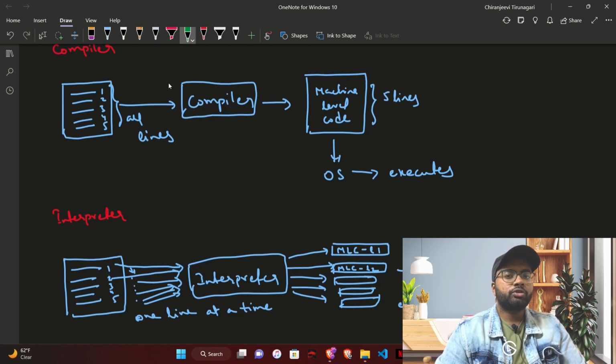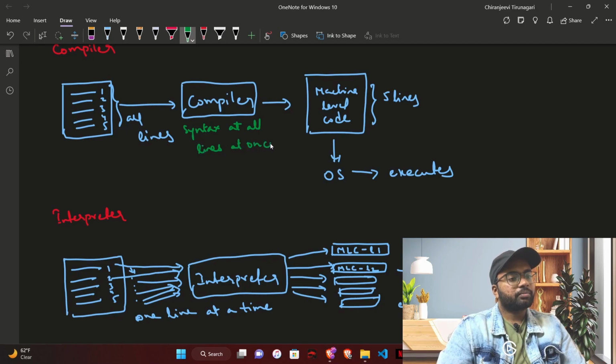So the immediate question should be, what's the role of syntax here? In the case of both compiler and interpreter, at the point of translation, the compiler checks syntax at all lines at once. It checks for the correct syntax at all lines at once.